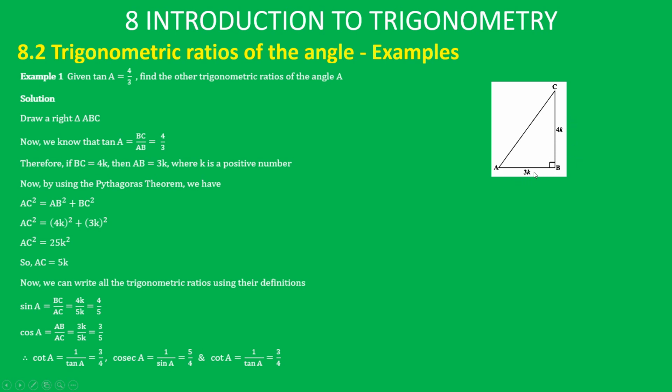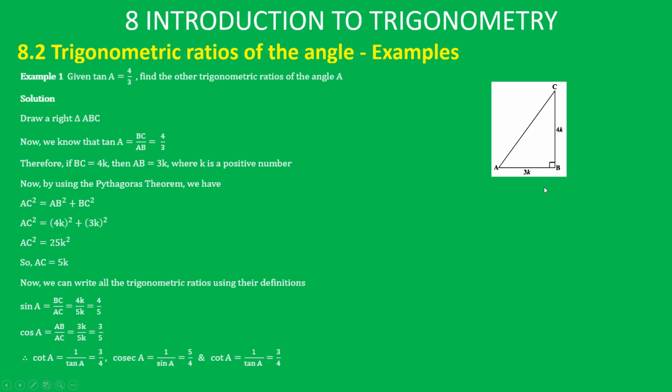Then, if you assume AB as 3K, BC will be 4K, correct? They are in 4:3 ratio, right? Calculate the ratio, 4K by 3K: K and K cancel, and it is nothing but 4 by 3.